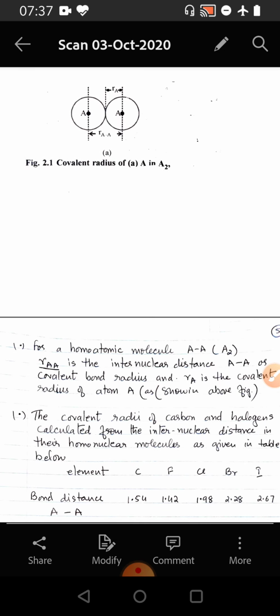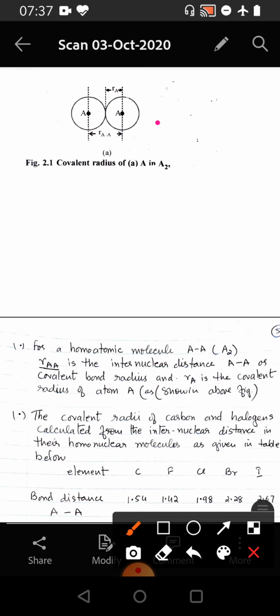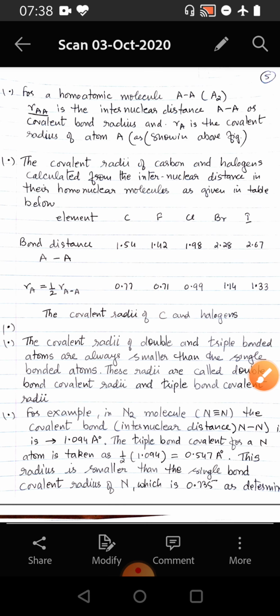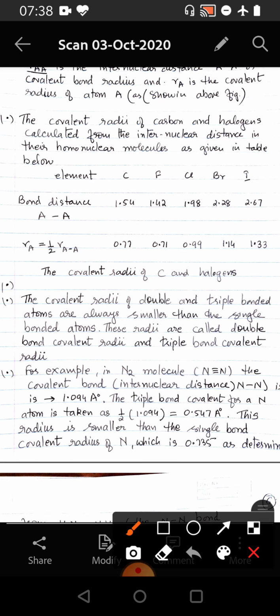For a homoatomic molecule A2 as shown in this figure, RAA is the internuclear distance AA or covalent bond radius, and RA is the covalent radius of atom A, as we can see. The covalent radii of carbon and halogens calculated from the internuclear distance in their homonuclear molecules are given in the table below. For carbon, the bond distance is 1.54 angstrom and the covalent radius comes to be 0.77 angstrom.